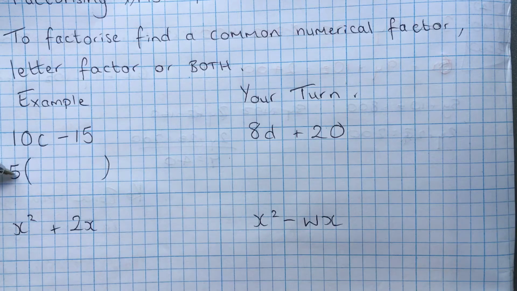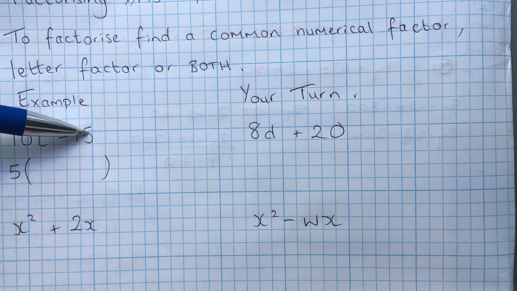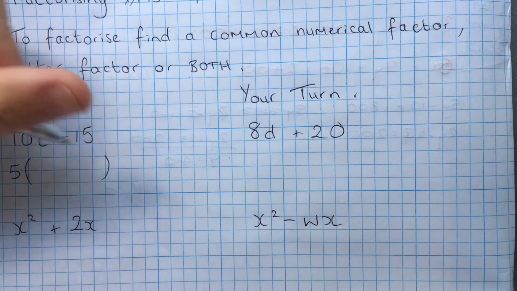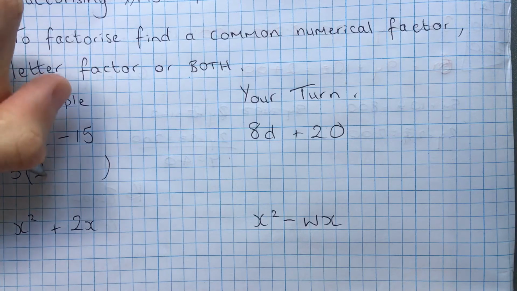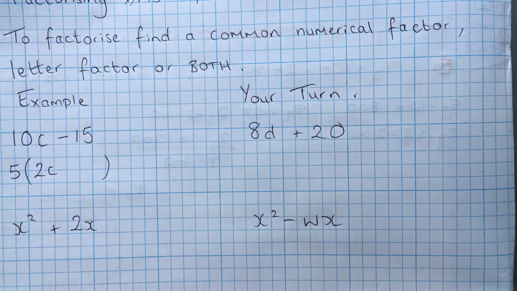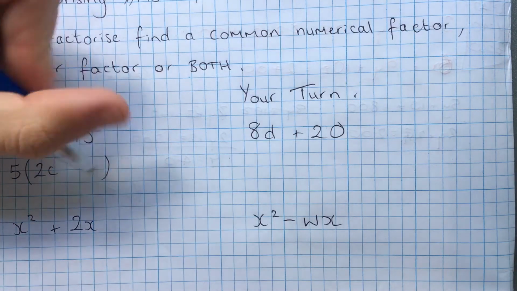So then it's 5 multiplied by what gives us these terms. So 5 times what gives us 10c, and 5 times what gives us 15. How many times is 5 going into 10c? So 5 times 2 is 10, 5 times c is c. So 5 times 2c will give us 10c, and 5 times what will give us negative 15. Okay, so we'll have negative 3.